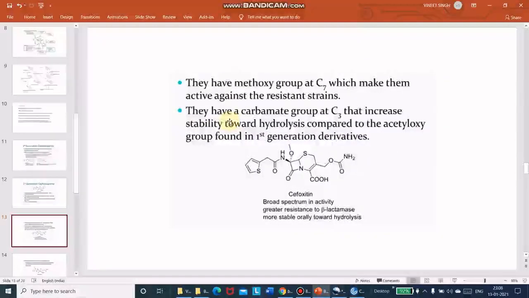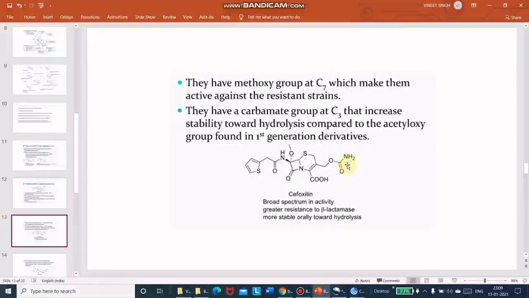They have methoxy group at C7 which makes them active against the resistant strain. They have carbamide group at C3 that increases stability toward hydrolysis compared to the acetyloxy group found in first generation derivatives.